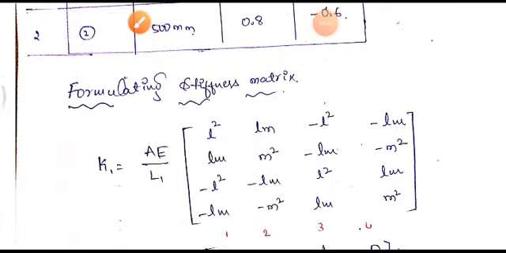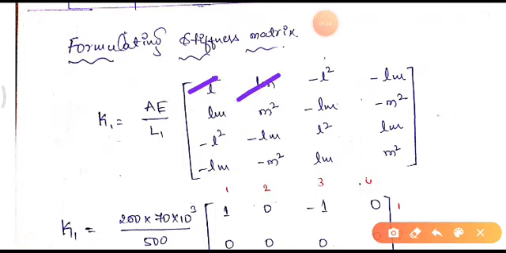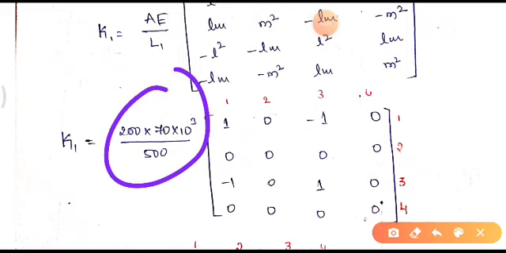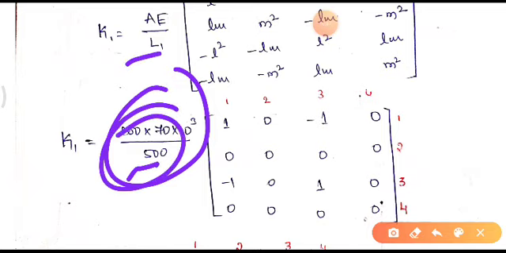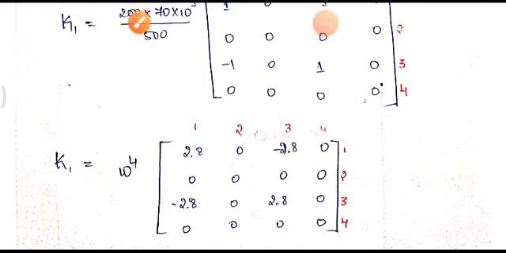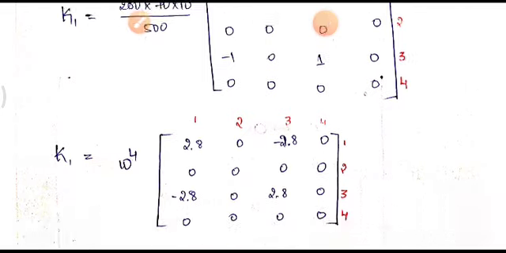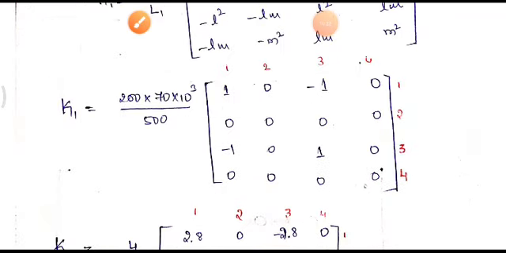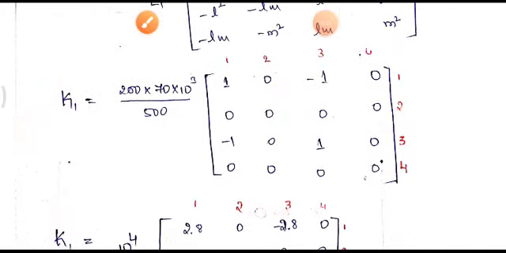If you substitute all these L and M values, you will get this answer, but before that we need to simplify this. Area is given as 200, Young's modulus is 17 times 10 raised to 3, and the length of the element is 500. If you simplify this, you will get 2.8 into 10 raised to 4, where we have taken 10 raised to 4 as common, and we have multiplied this 2.8 into this matrix.